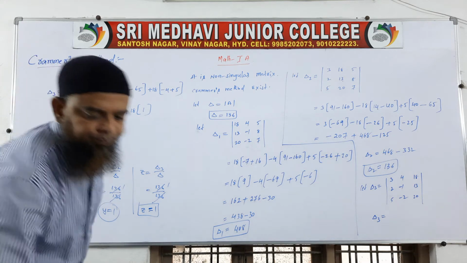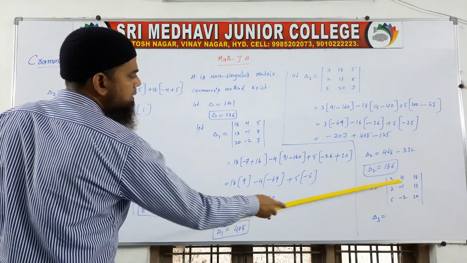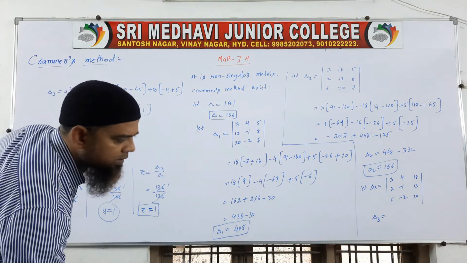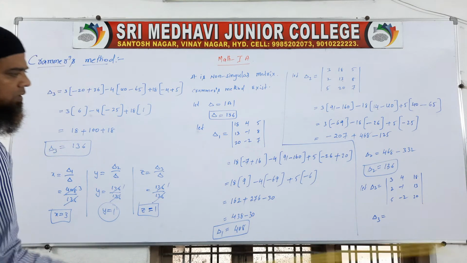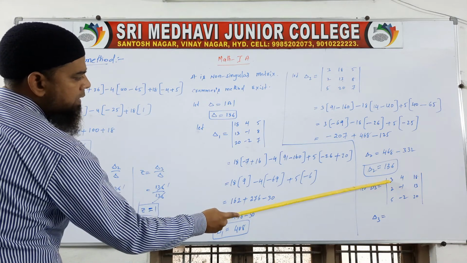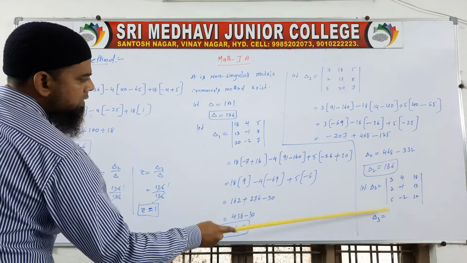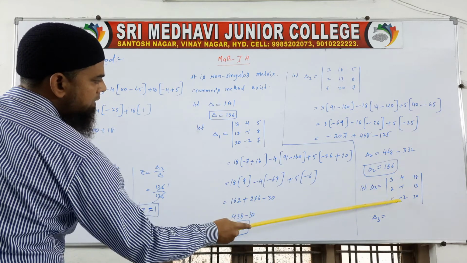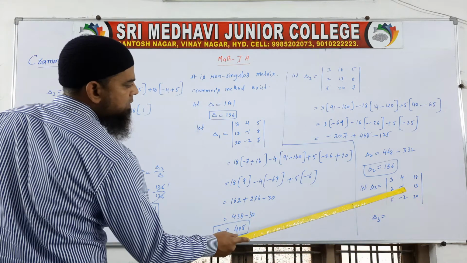See in the board, delta 3 already we have taken here. Delta 3 is equal to this determinant. Delta 3 is equal to 3 into, this 3 present in first row and first column. We are eliminating first row, first column. So minus 1, 13, minus 2, 20 are the remaining numbers here.